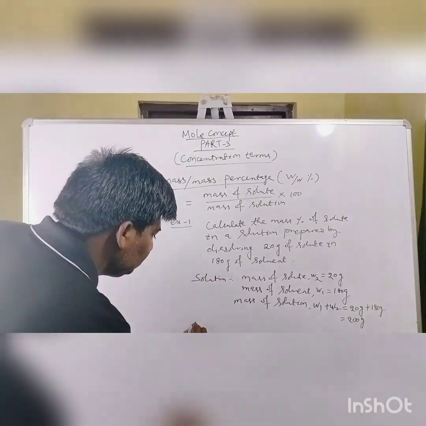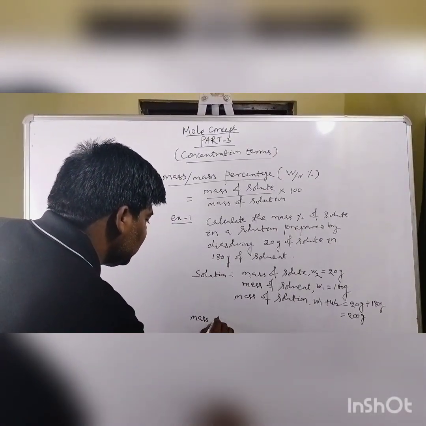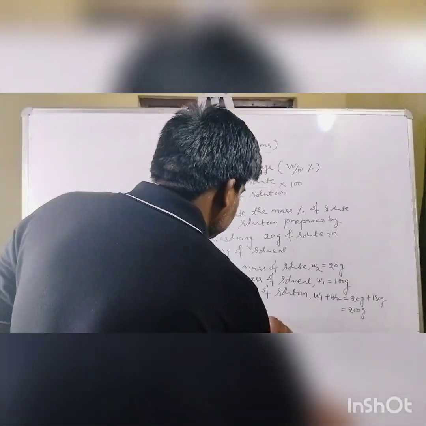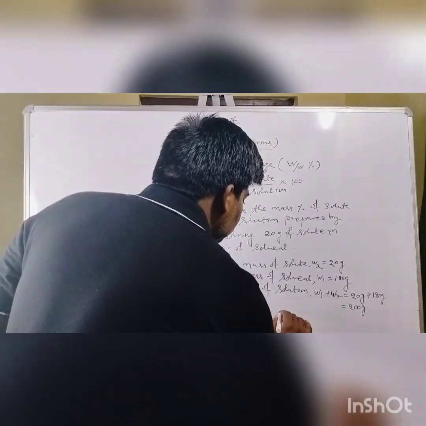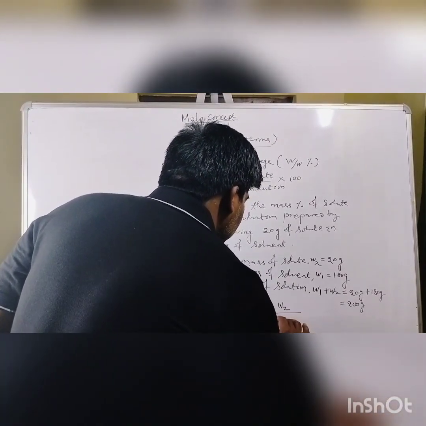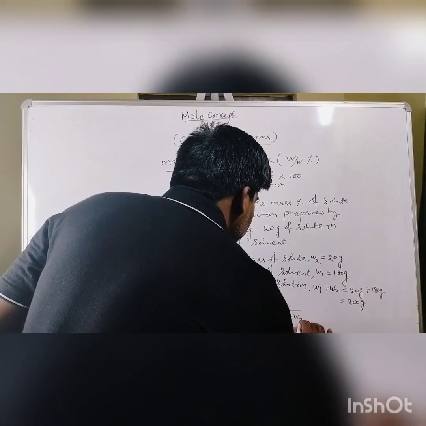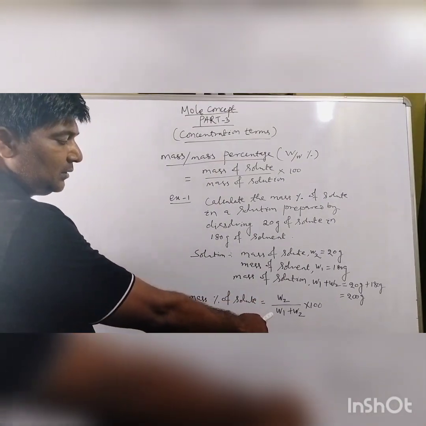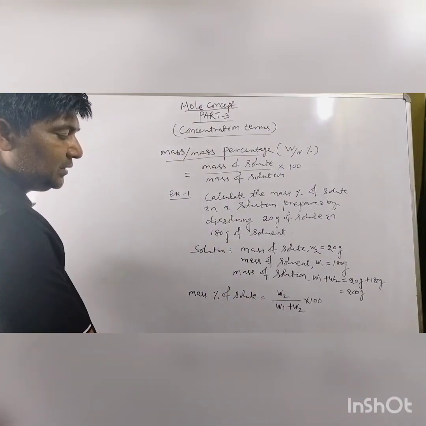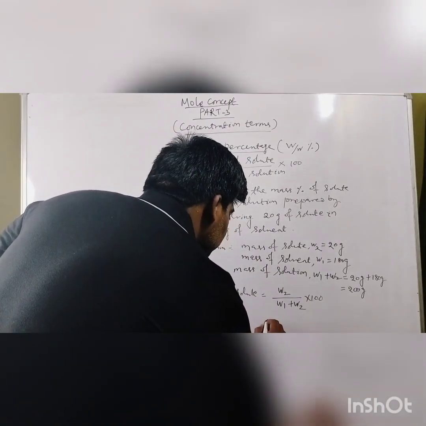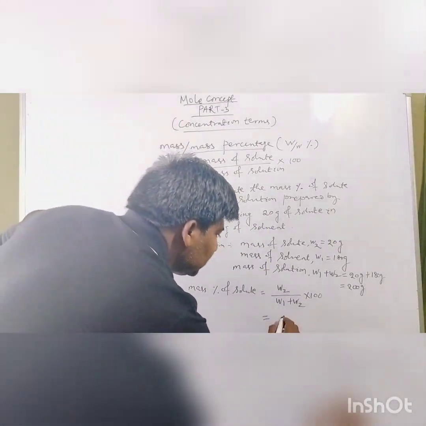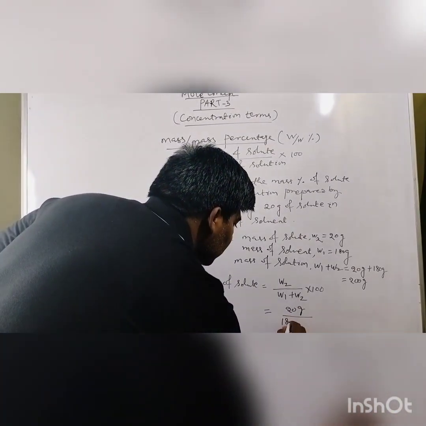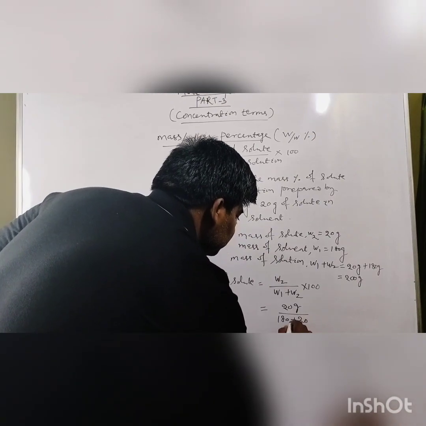So now mass percentage of solute is equal to W2 by W1 plus W2 into 100. That is mass of solute divided by mass of solution. Mass of solution is W1 plus W2. So it is 20 gram divided by 180 plus 20 gram.